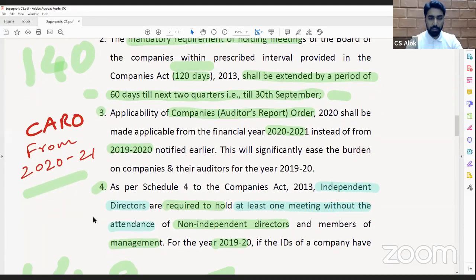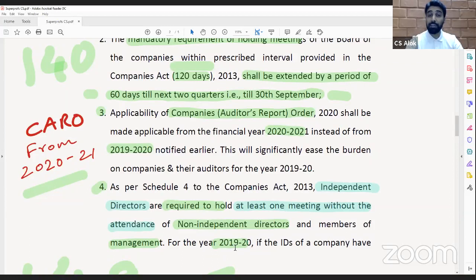Okay. Next, we come to independent directors, as per Schedule 4 of the Companies Act. So how many schedules does the Companies Act have? 7. Yes, we have totally 7 schedules in the Companies Act. In that, Schedule 4 is for independent directors. Independent directors are required to hold one meeting without the attendance of non-independent directors, especially in listed companies and public companies. This becomes very crucial.